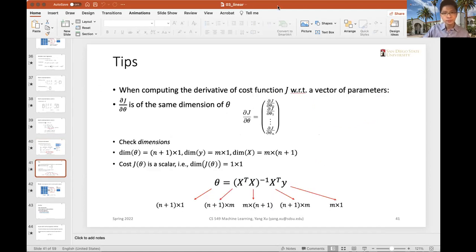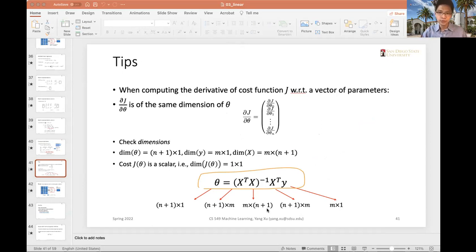So the form of the normal equation looks like this, which is actually quite easy to implement if you already know how to call the numpy.dot function in Python, right?